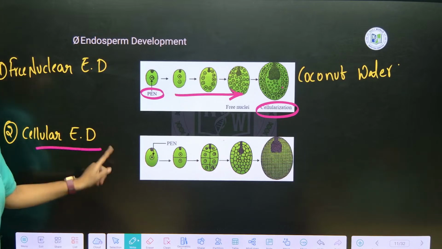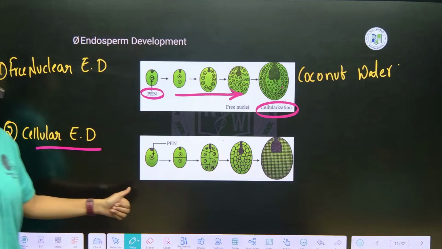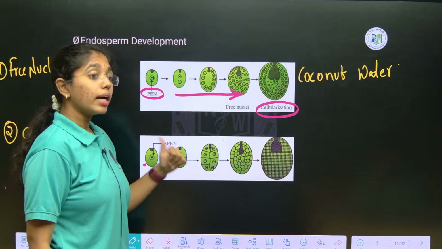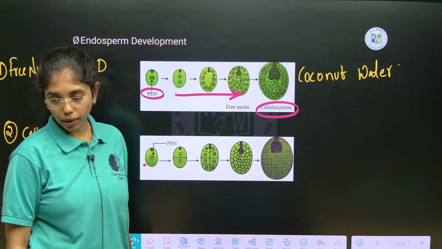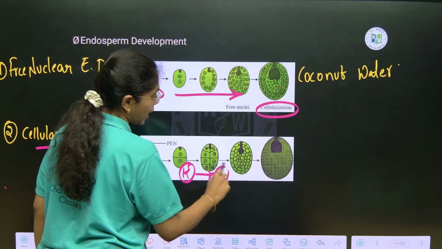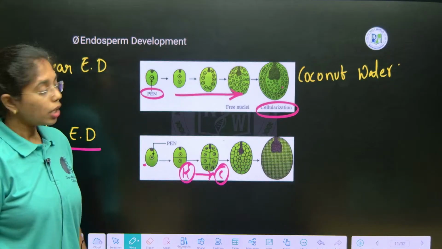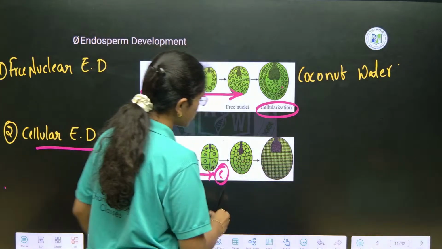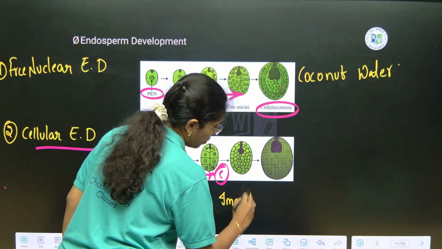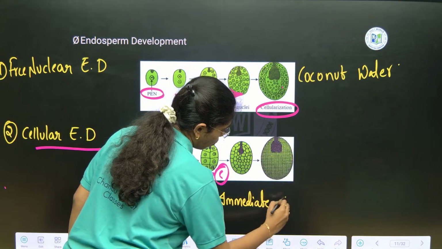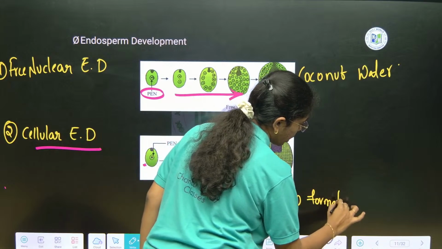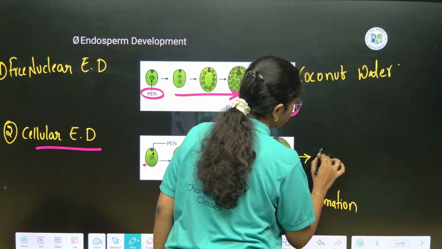Next is cellular endospermic development. Here, the primary endospermic nucleus will undergo karyokinesis followed by cytokinesis. So this helps in immediate cell wall formation, which leads to immediate cellularization and forms what?